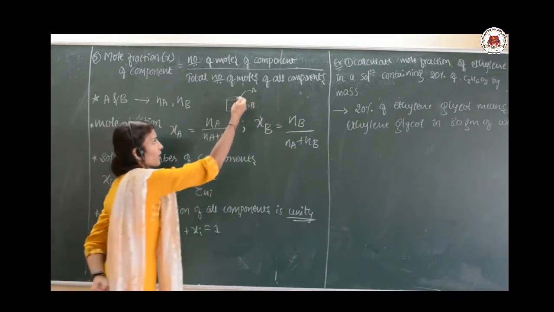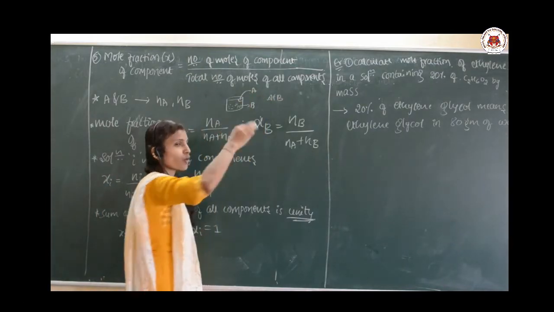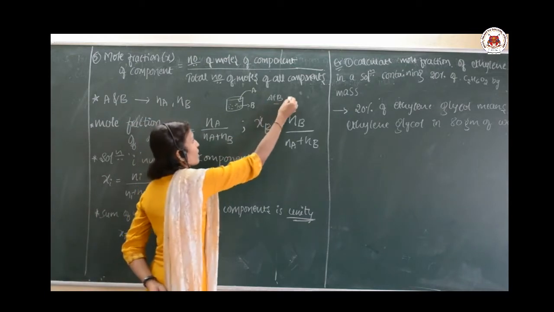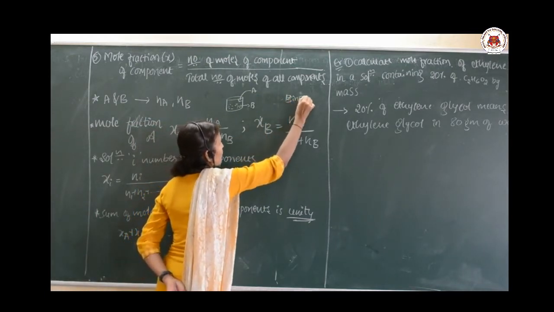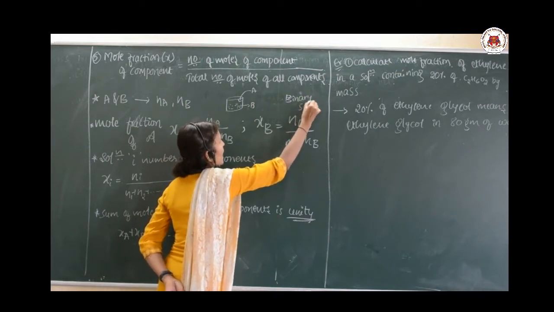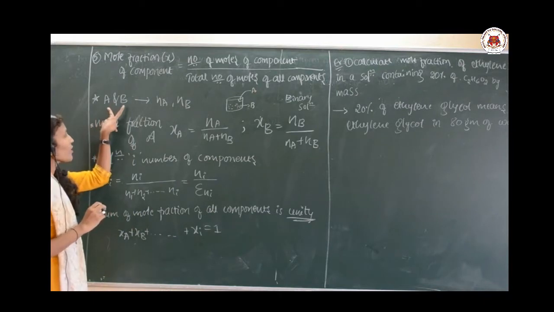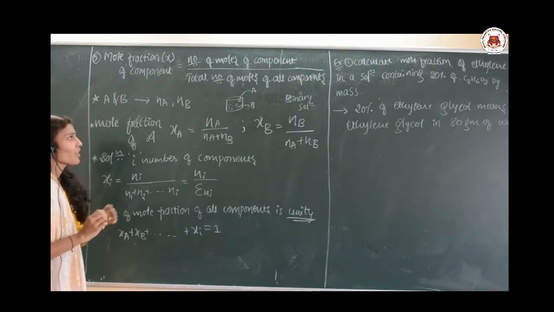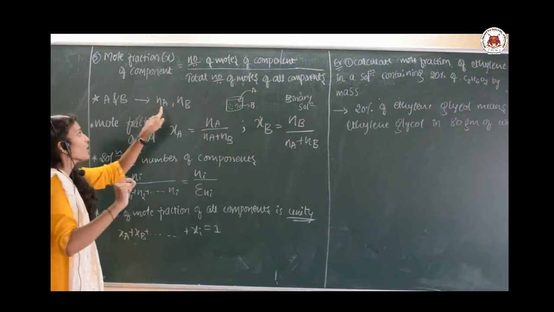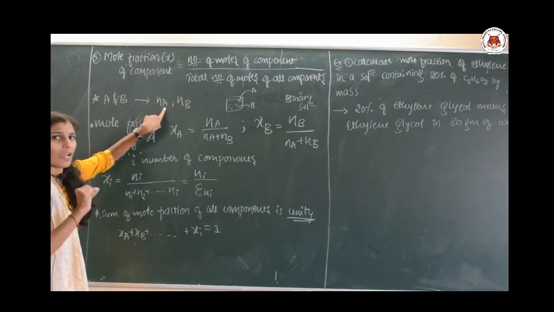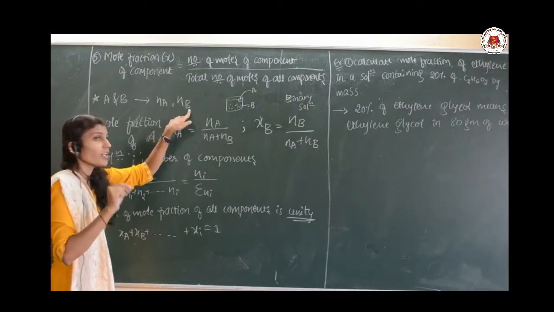And we are making a combination of A plus B, that is A is the solute which is dissolved in B, so it acts as a binary solution because it carries only two components. So A and B are the two components, and Na is the number of moles of component A and Nb is the number of moles of component B.